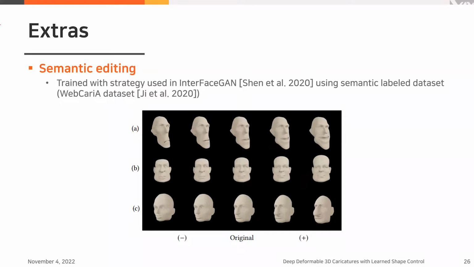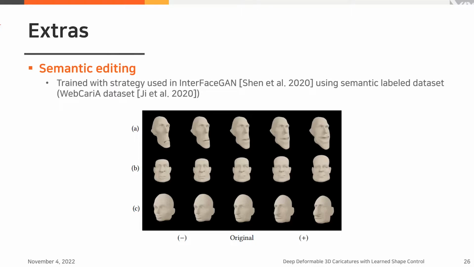the semantic label dataset. For this, I didn't look deeply into it, but my guess is that they had some kind of labeled dataset describing faces of that morphed 3D, what is it? The 3D caricature data.